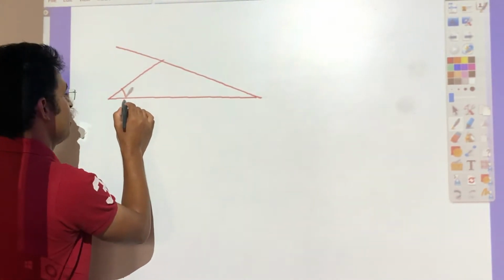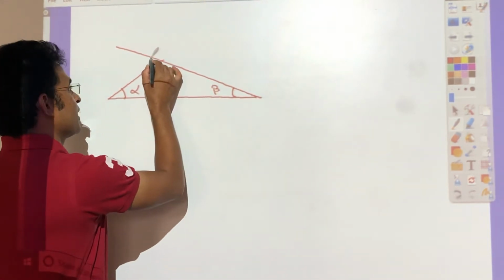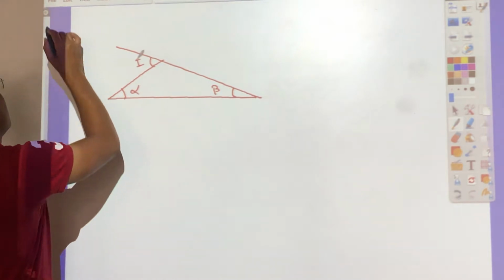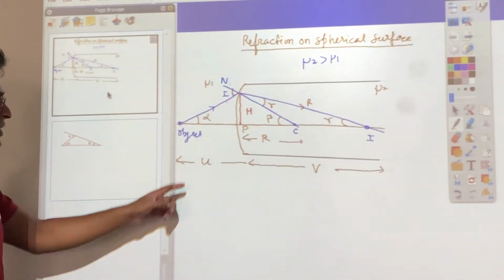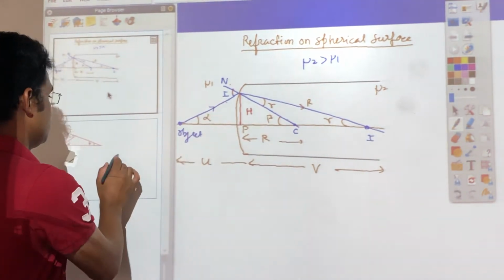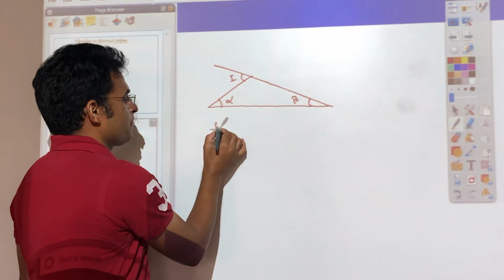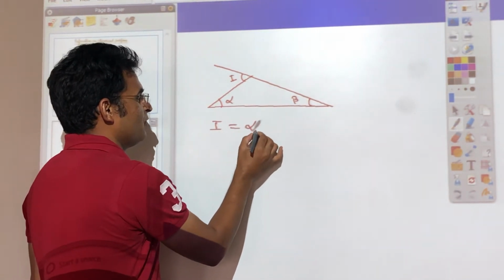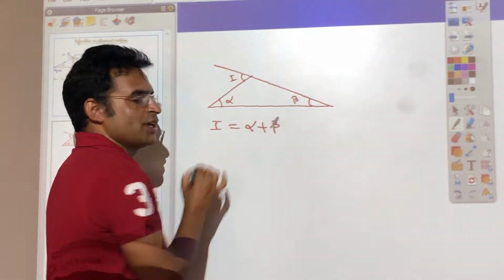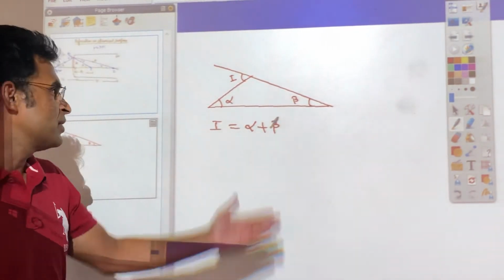This is alpha, this one is beta, and this angle is i. So I was talking about this triangle. See, this is alpha, this is beta, this one is i. So you can write i is equal to alpha plus beta using the exterior angle property.